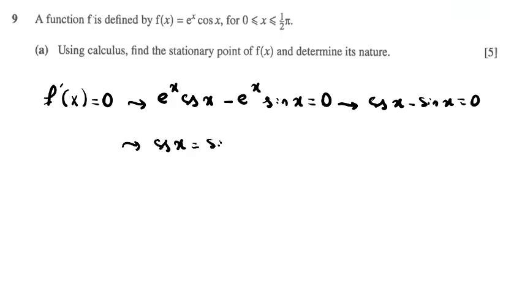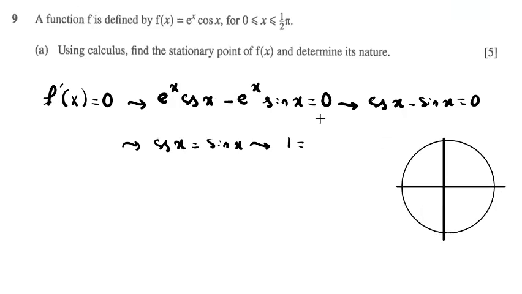cos x equals sine x. You can imagine the unit circle, but let me draw it and consider which of them is not 0. It's between 0 and this point. So cos can be 0 here, sine can be 0 here.